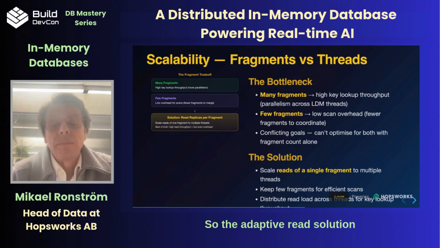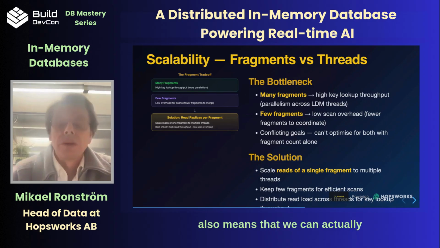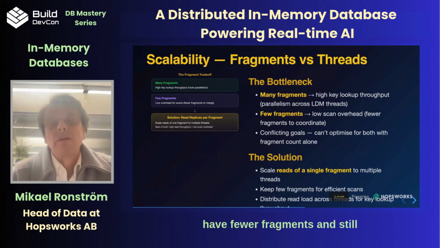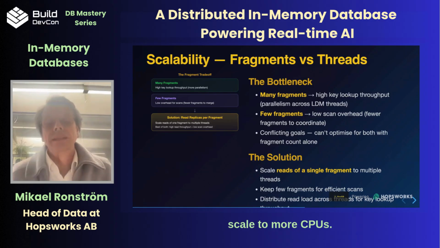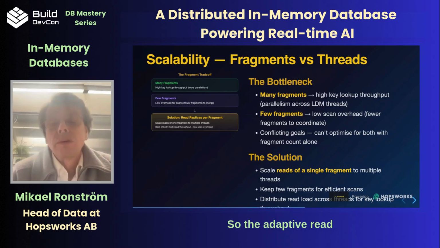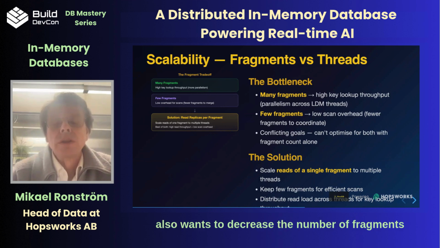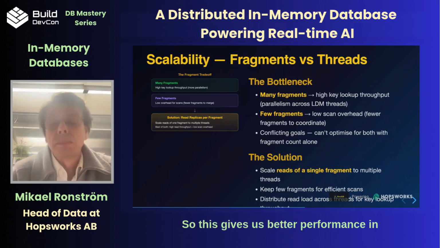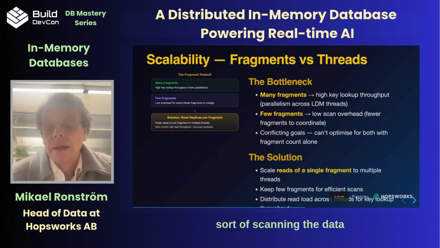The adaptive read solution also means that we can have fewer fragments and still scale to more CPUs. So the adaptive read scheduling has another goal: it also wants to decrease the number of fragments that we have. This gives us better performance in scanning the data and not just key lookups.